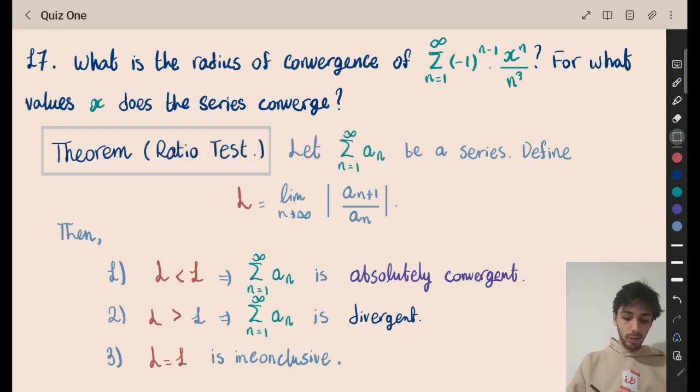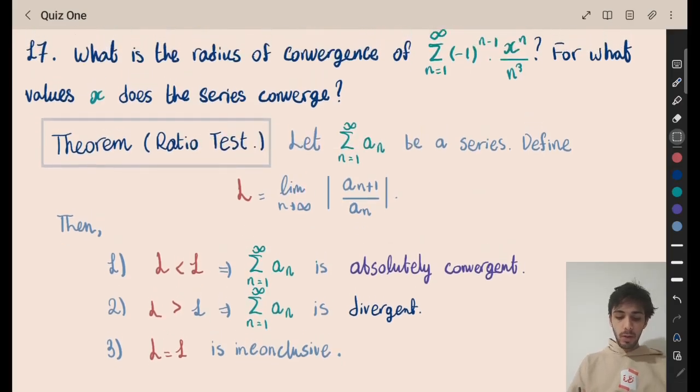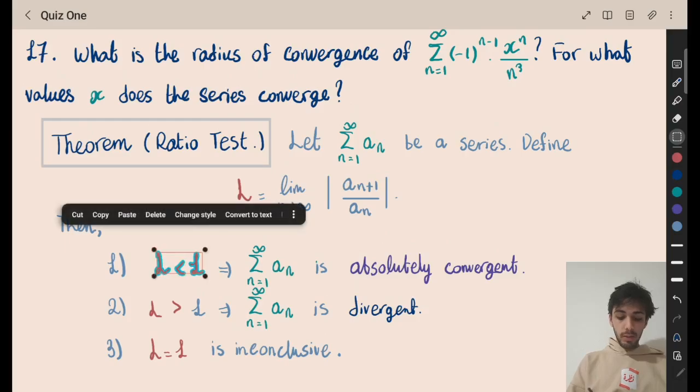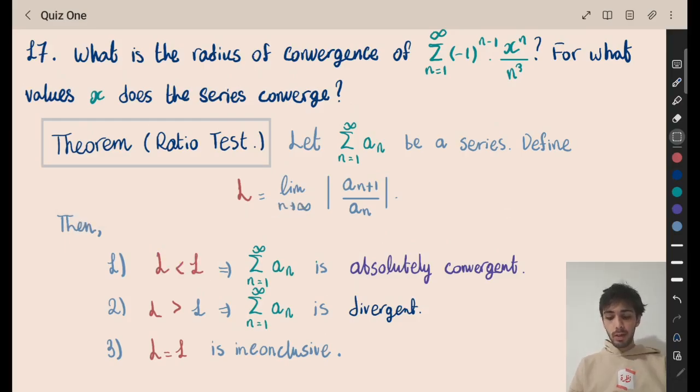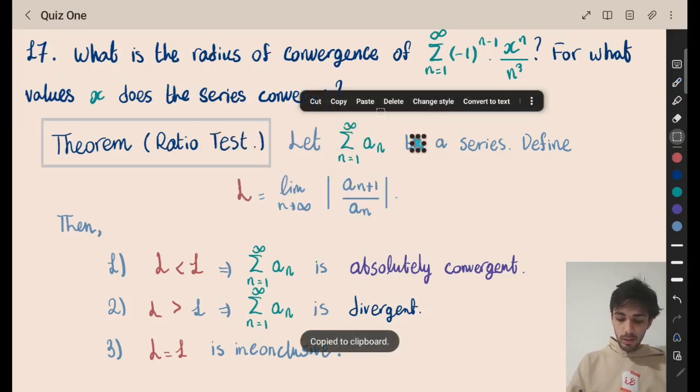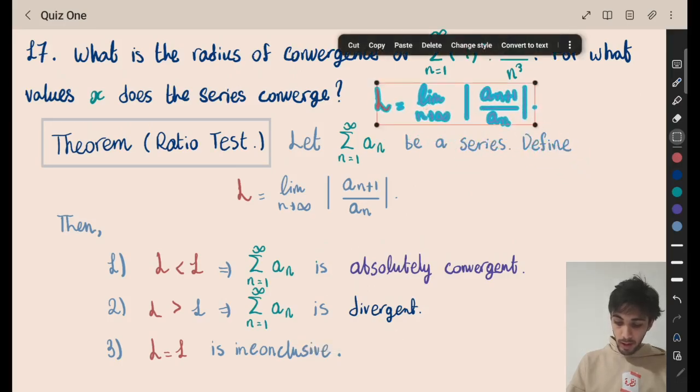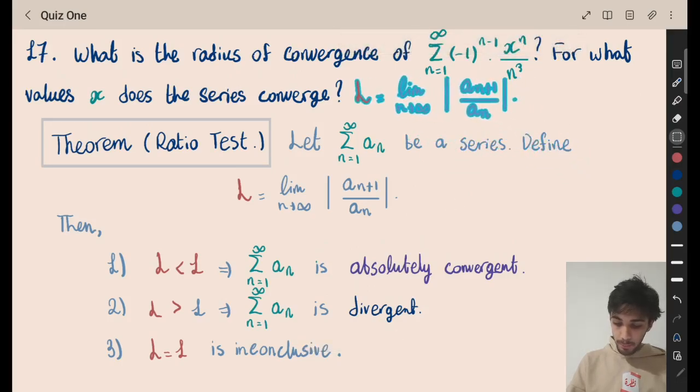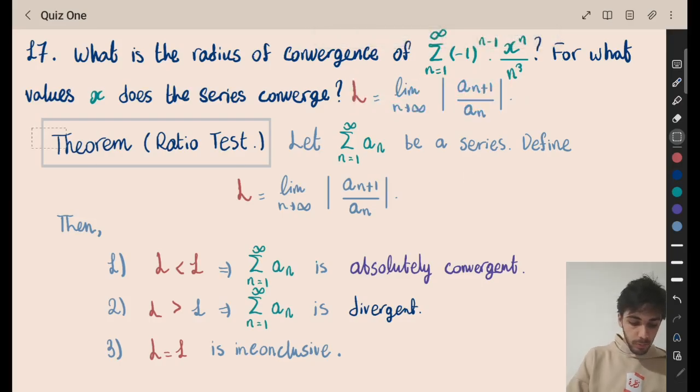If your limit is less than 1, then you have absolute convergence. If it's greater than 1, then you have divergence, and if it is equal to 1, then it is inconclusive. Perhaps it is a good idea to take a look at this limit and see how it would look for our problem.